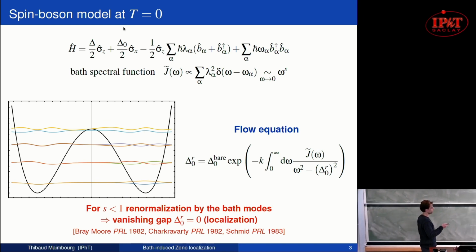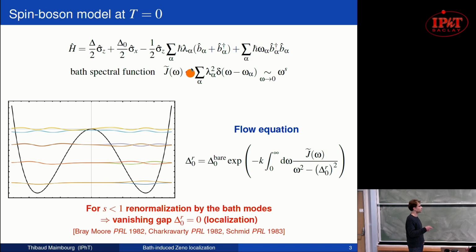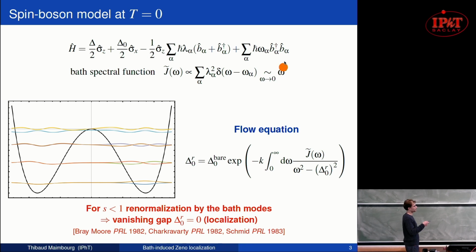And okay, you have coupled it to a bath of bosonic operators. Basically the distribution of modes is specified by this spectral function that extends down to zero energy and goes like omega to the power s. And what you can do, there are many ways to do it, is try to integrate out the bath degrees of freedom and see how they renormalize the parameters of the two-level system.